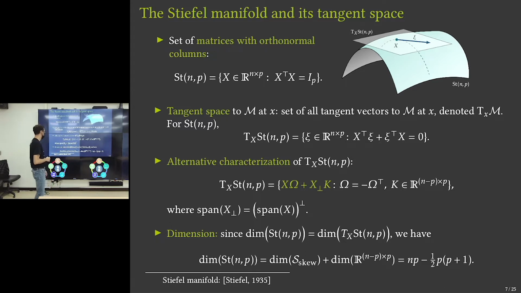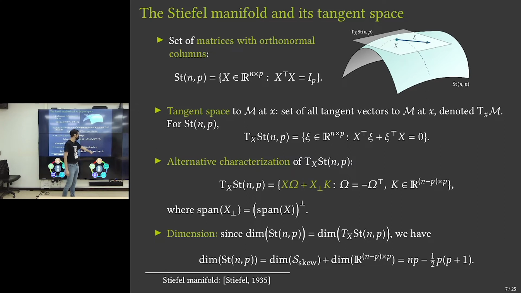We can just count the dimension of the space of skew-symmetric matrices, denoted by skew, and the dimension of the space of the matrices K. The space of skew-symmetric matrices of size p has dimension one half p times p minus 1, and the space of K has dimension n minus p times p. Then you do the sum and you get this result.